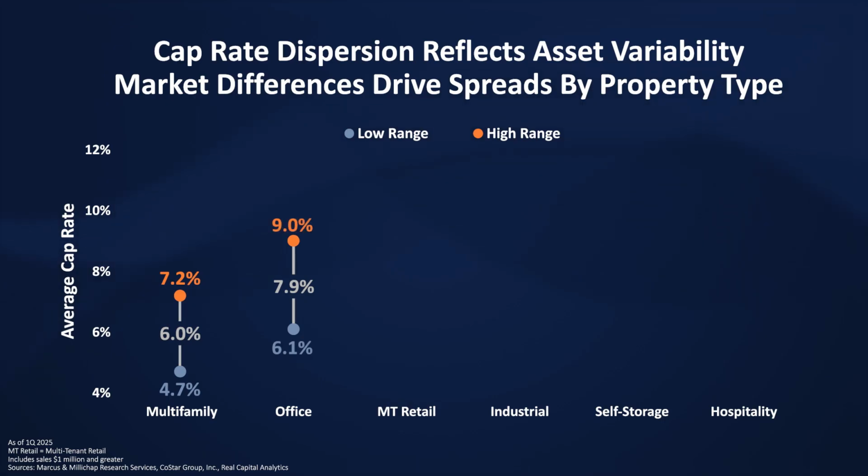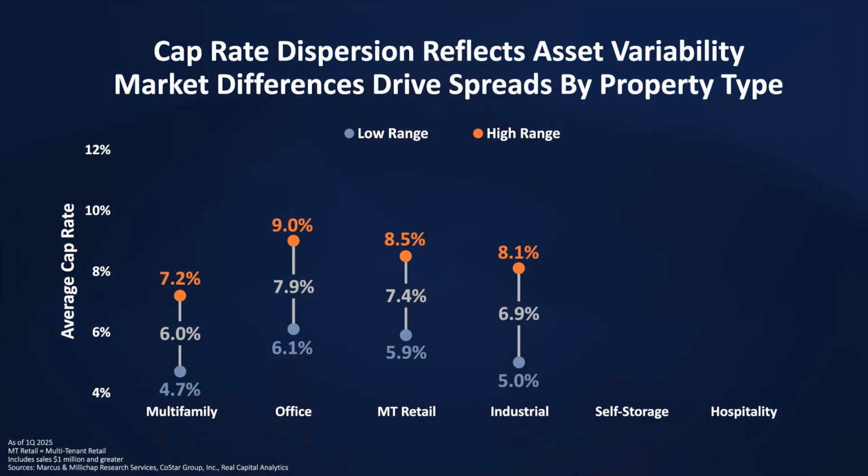For multi-tenant retail, the average cap rate is 7.4%, with a range from 5.9% to 8.5%, a 260 basis point spread. The spread on industrial properties is even wider, 310 basis points, running from 5% to 8.1% with an average of 6.9%.